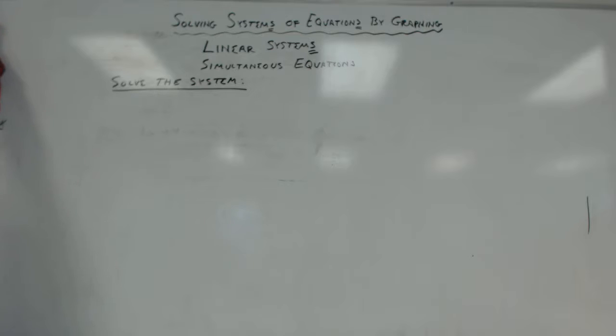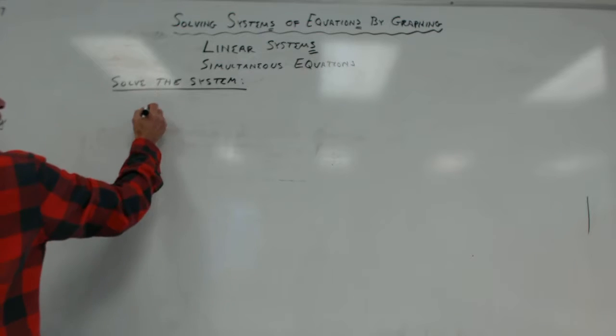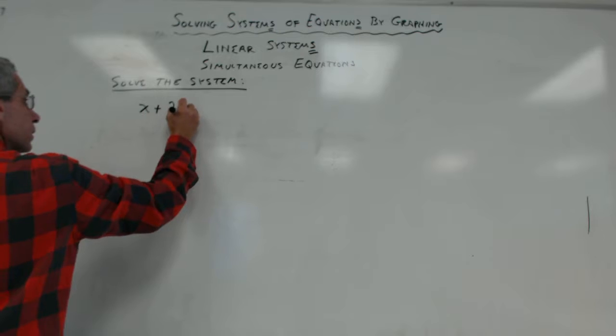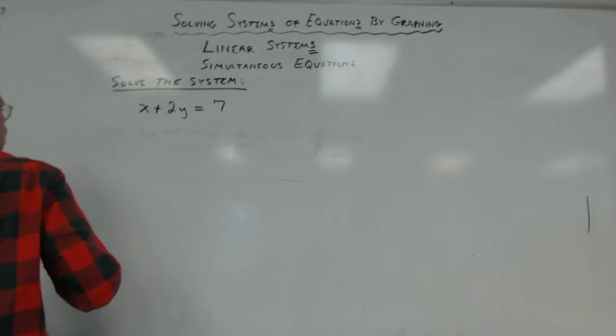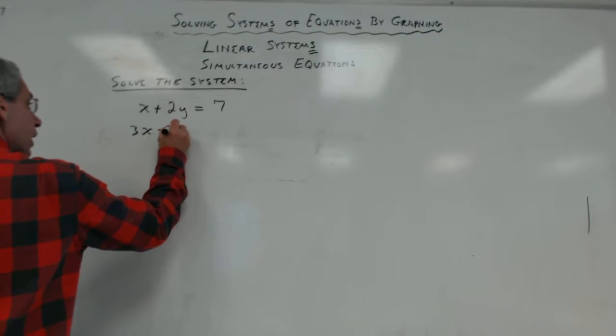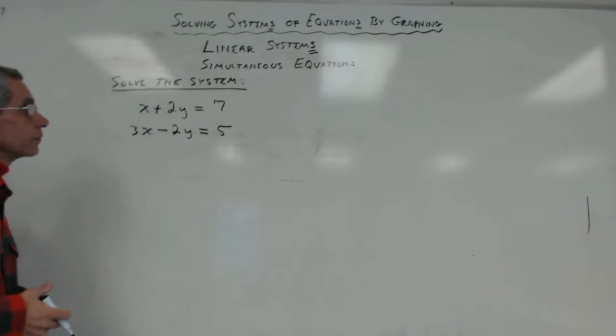Today is the 24th, right? 1/24, 17. All right, so here's my system. I've got x plus 2y equals 7. And 3x minus 2y is equal to 5. All right.